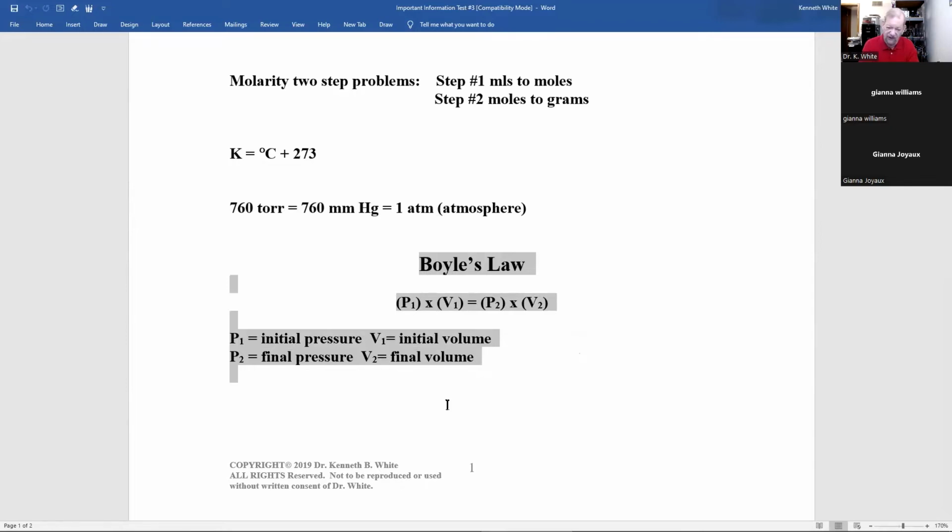And notice I will give you P1, the initial pressure, V1, the initial volume, P2, the final pressure, V2, the final volume. That will be given to you. Like I said, a number of years ago, students in my 12-11 class had to memorize this. And like I said, this will be given to you at the end of quiz 3. The packet, not when you're done.